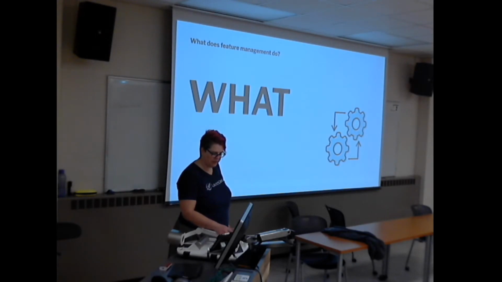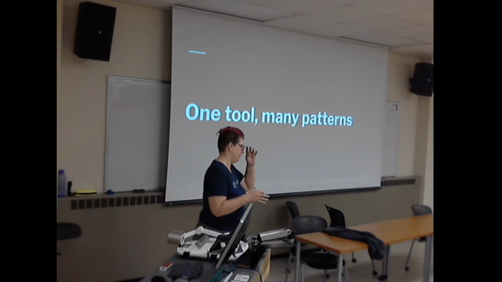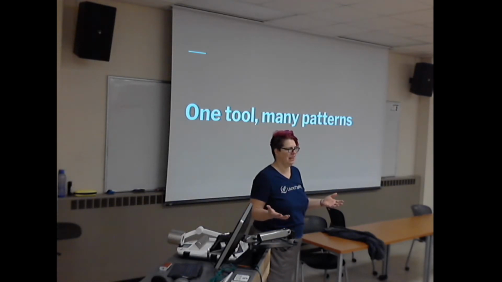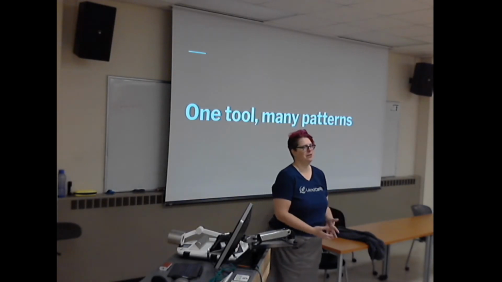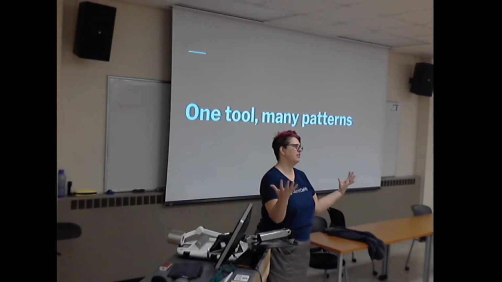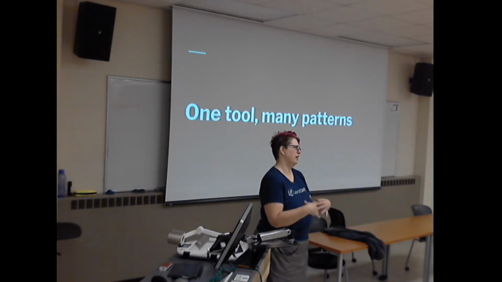So, what does feature management do? One tool, many, many, many patterns. I put together a page called featureflag.io, and it has just a list of all of the patterns I've seen. So circuit breakers. Say you're consuming a data stream into your database, the API is feeding you stuff.